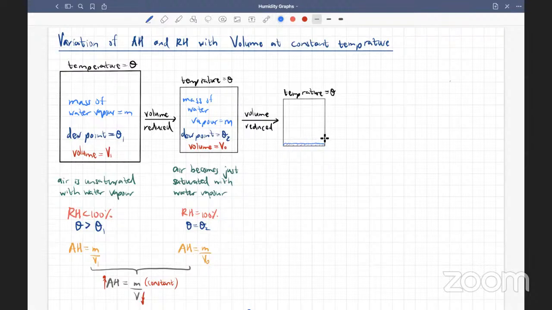So we'll have dew here. And what will happen to the mass of water vapor, guys? Mass of water vapor will reduce as dew forms.